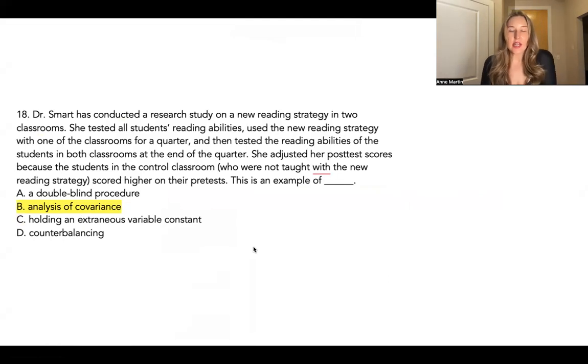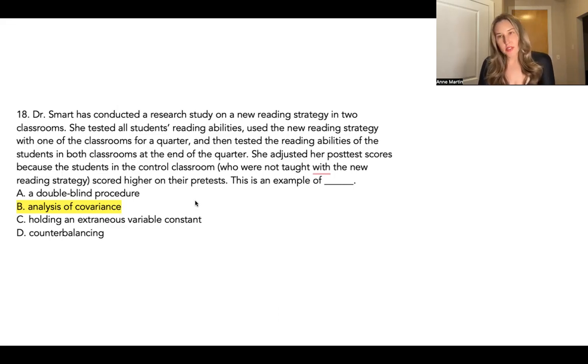So number 18 was about how to control for potentially extraneous variables. Those confounding variables that could be the reason why you are seeing an effect on the dependent variable, but it's not because of the independent variable. So here they have this reading study, and it says that the researcher adjusted their post-test scores because the students in the control classroom scored higher on the pre-test than their peers.